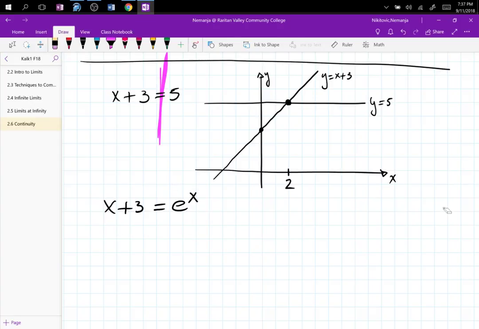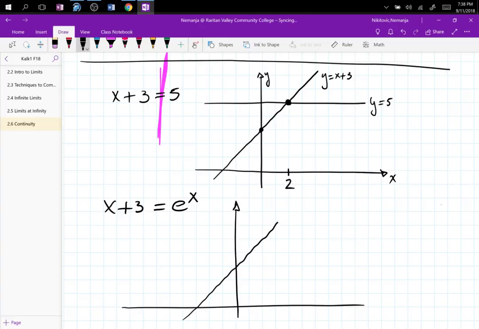So now you are stuck with the only method which works, and that is graphing. x plus 3 and the exponential e to the x.